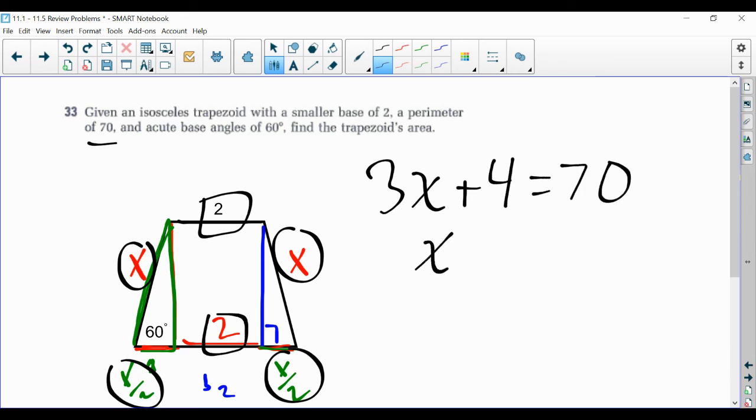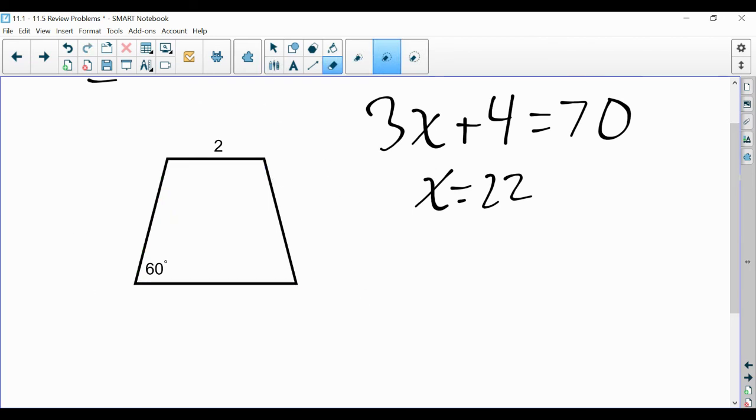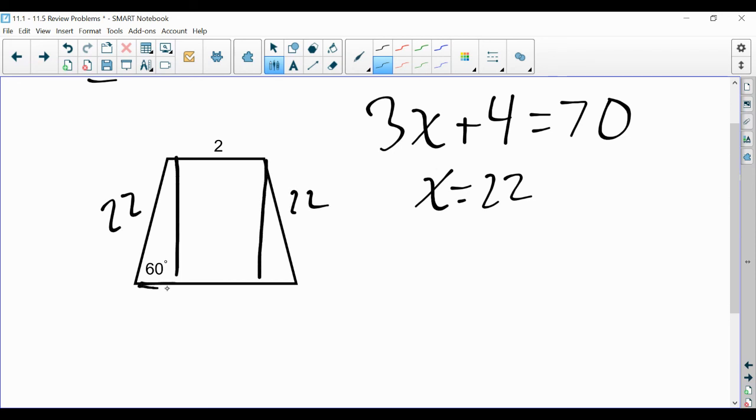So when I solve that, I get x is 22. Okay, so now my trapezoid looks like this. My legs are 22, and this is 11 and 11, and that's 2. And the height is going to be 11 rad 3.